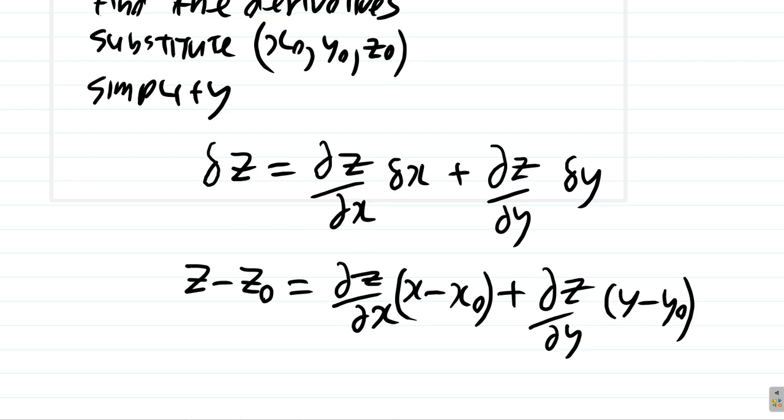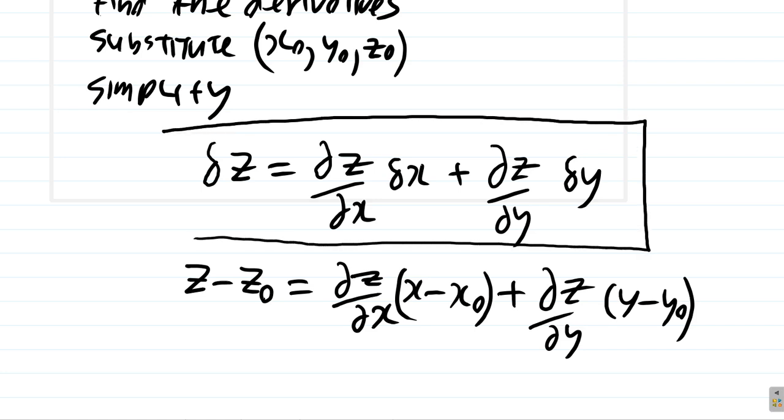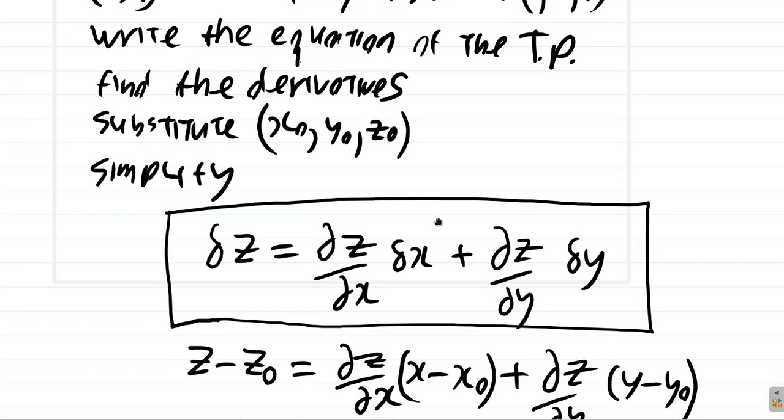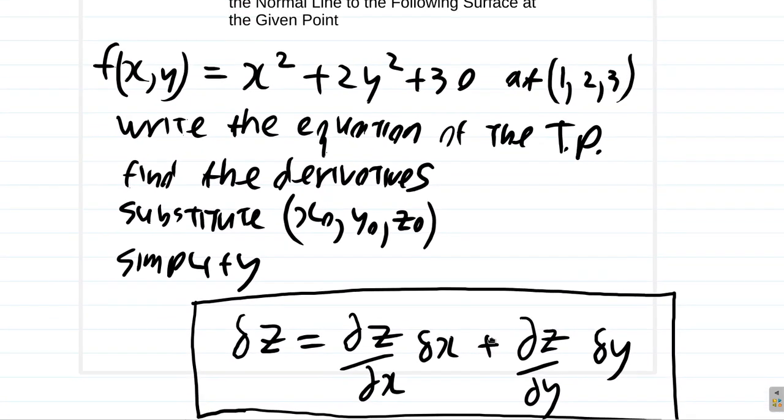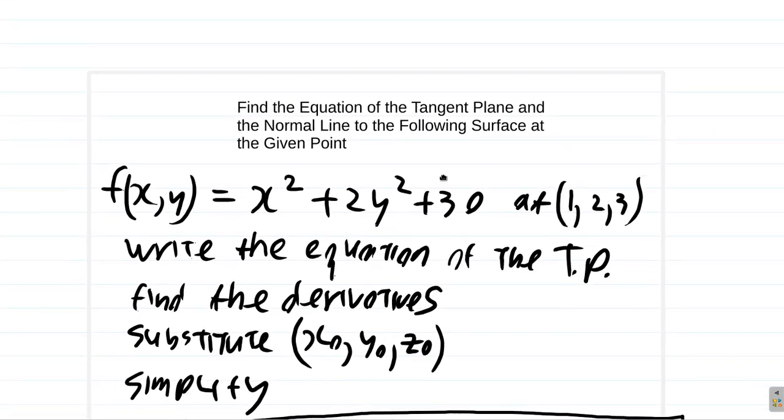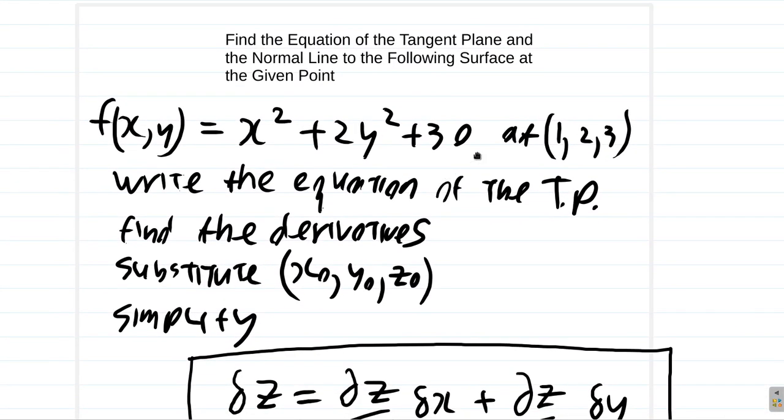So let's use this formula, right? Now, remember, this is the basic formula that you've been introduced to a while back, and this is well applicable to this and other types of problems.